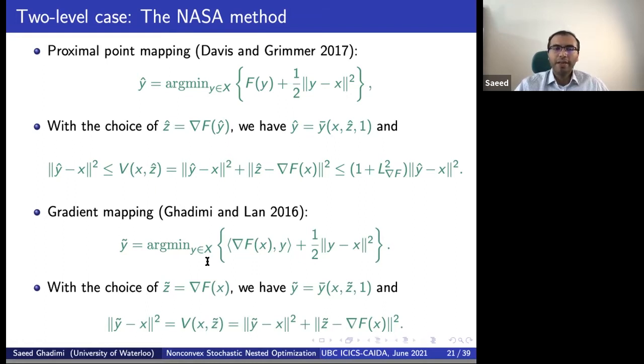As I mentioned earlier, the output of our algorithm is not just an estimator for the decision variable, but we also have the estimator for the gradient of the objective function and the value of the inner function at the solution that we get for the problem, essentially as an approximate stationary point.